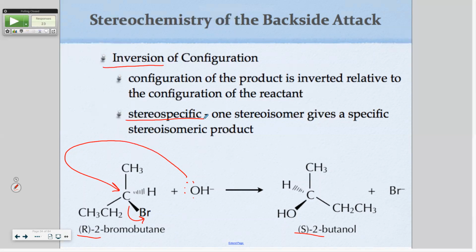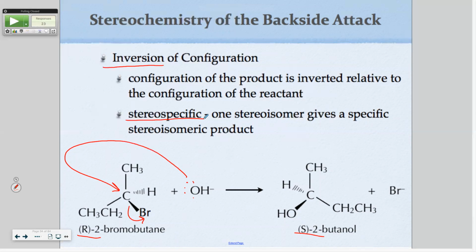Okie dokie. Now, you have to be a little bit careful because R and S are based on those priority rules. Remember those? Depending on what your structure is and the nucleophile coming in, the priorities could flip-flop, and you could start with R and get R. So you have to be careful.